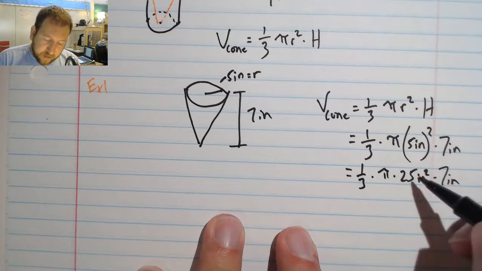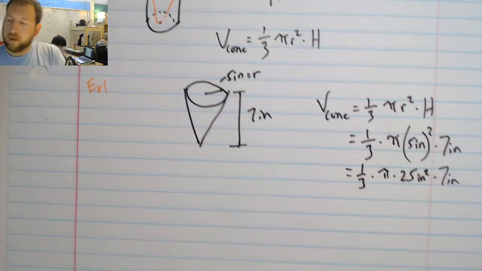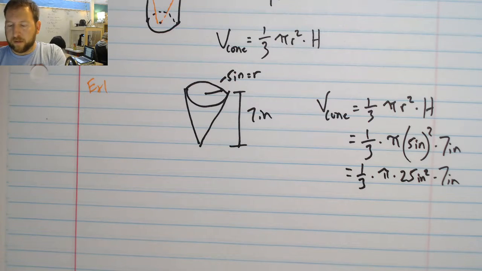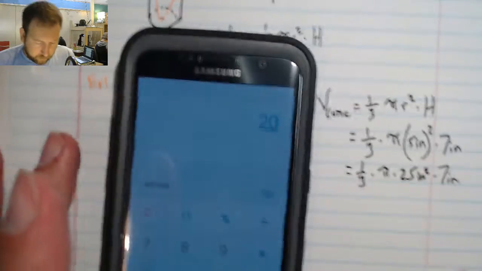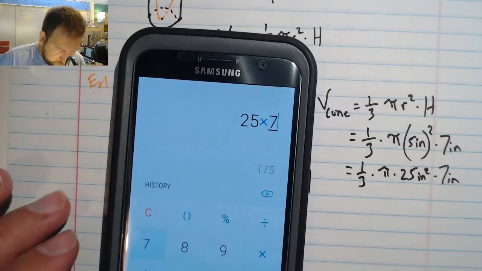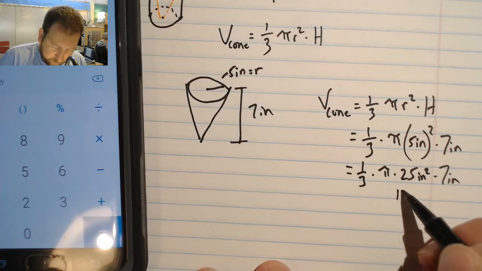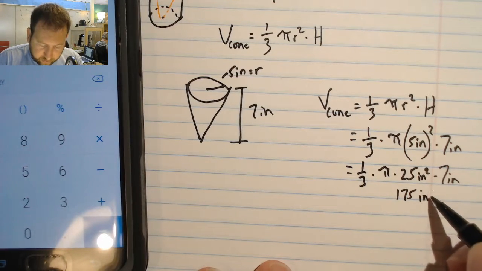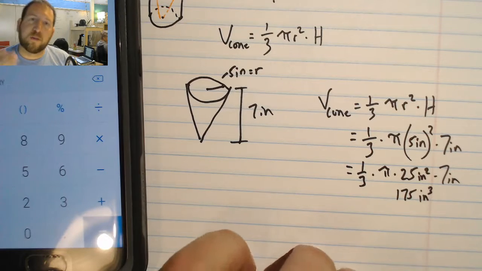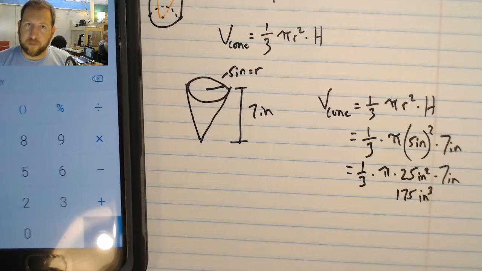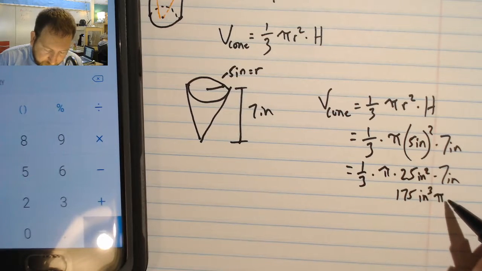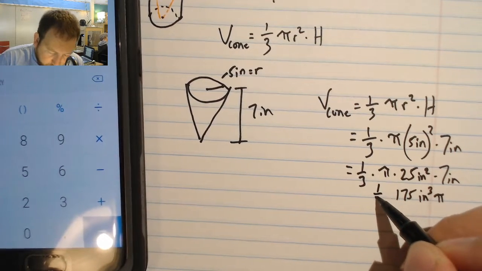This time I'm going to do my 25 times 7, which is probably 175, but I'm just going to check to make sure, using my little calculator. 25 times 7 is 175. And inches squared times inches is going to be inches cubed. And that's where my cubic will come from to represent my volume. I also have 175 pi, and I also have my 1/3.